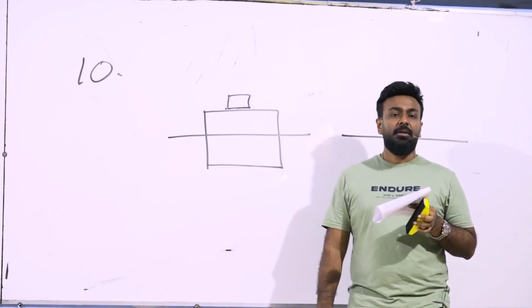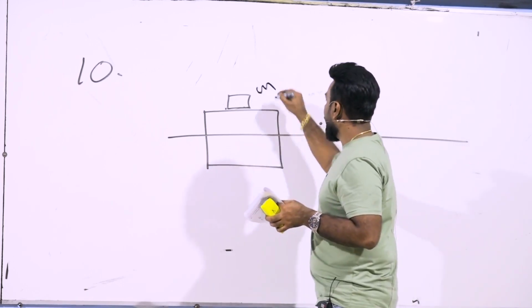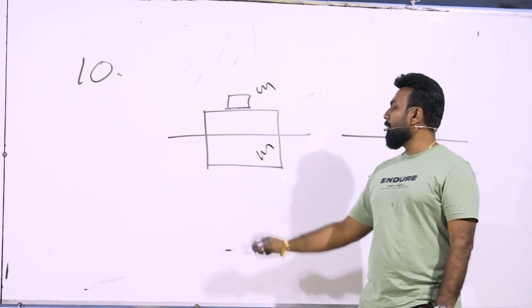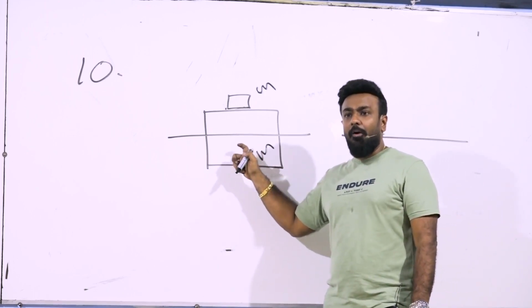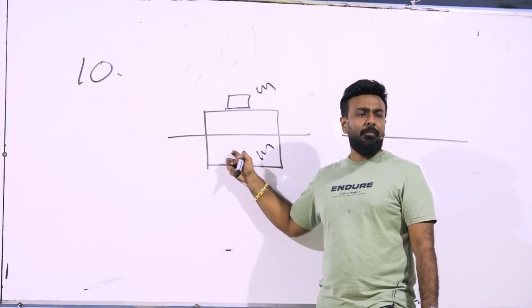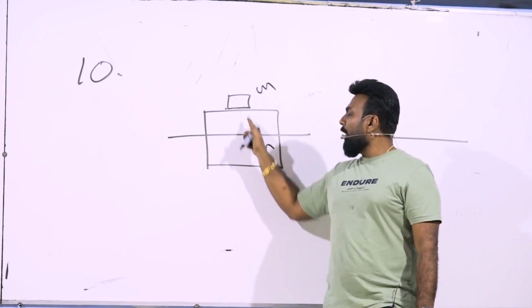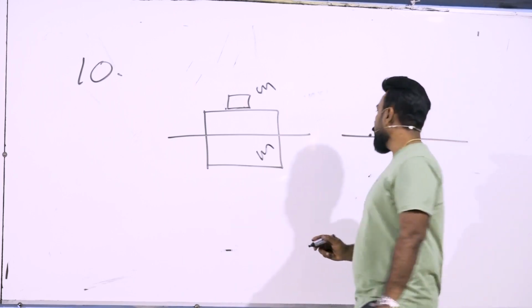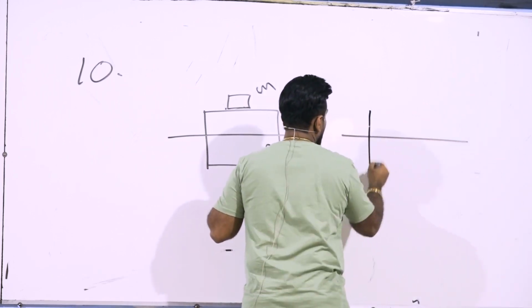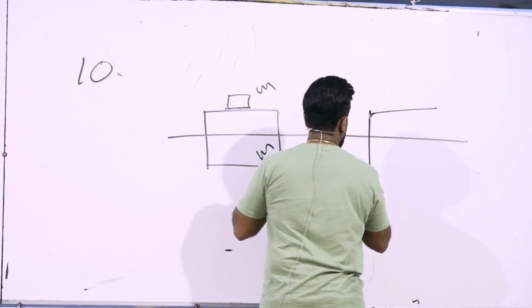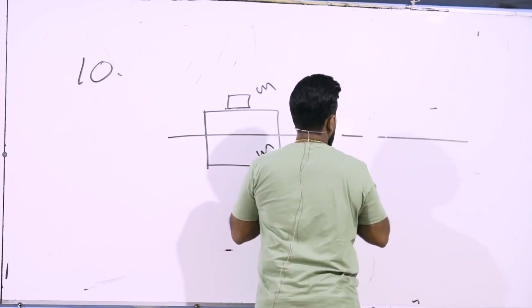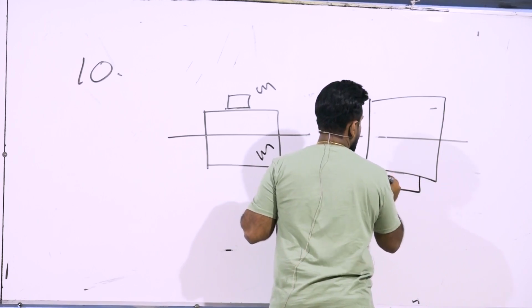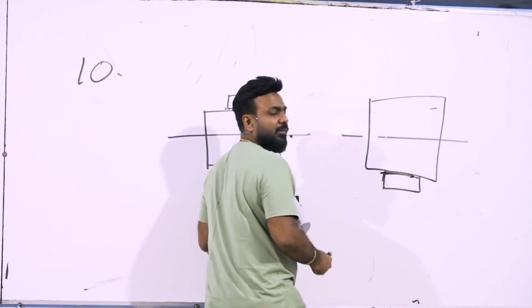Very simple. If this has mass M, this also has the same mass. At this moment, by immersing exactly half of the wooden block, 2mg is balanced. The second time also 2mg should be balanced, but this time what is happening? This time this metal piece is also immersed, right?